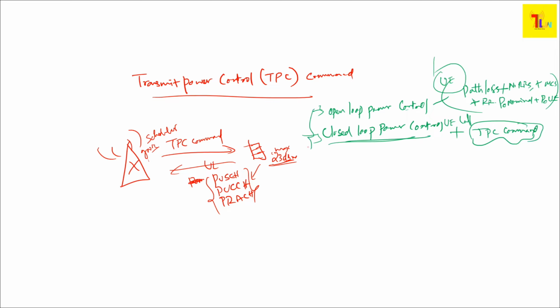These are both uplink power control mechanisms, open loop and closed loop, and TPC commands are used mainly in the closed loop mechanism. With this understanding, let's see more details about the TPC command.